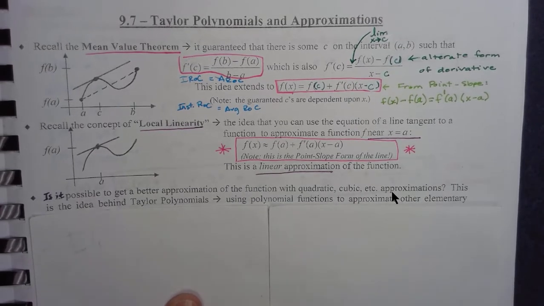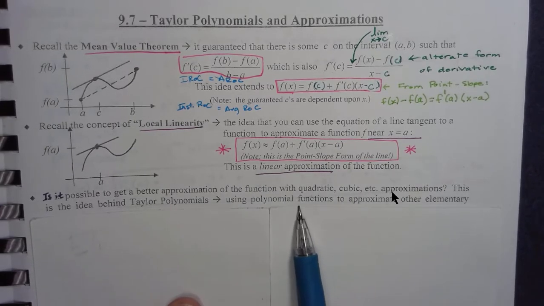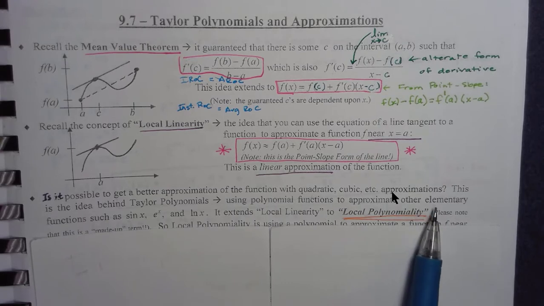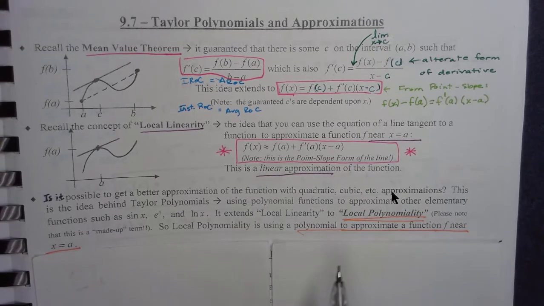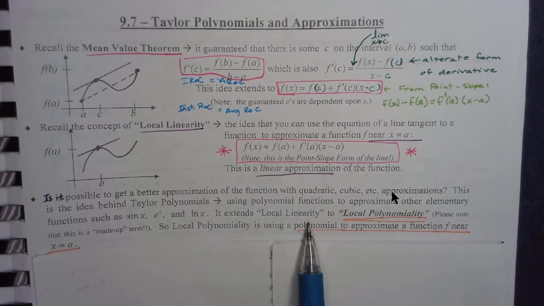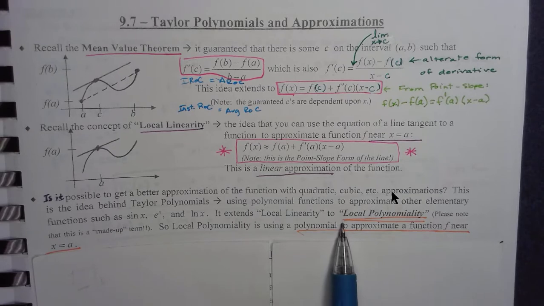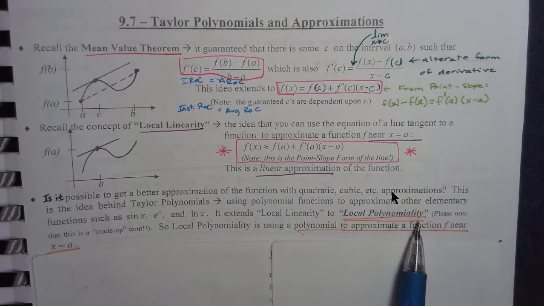So this is the idea behind Taylor polynomials. That is using polynomial functions to approximate other elementary functions such as sine of x, e to the x, and natural log of x. It extends local linearity to local polynomiality. Made up word. That's a made-up term, so don't use that in other math classes.